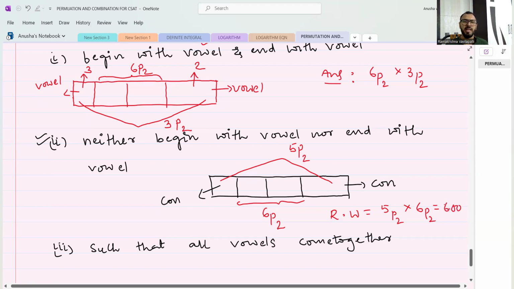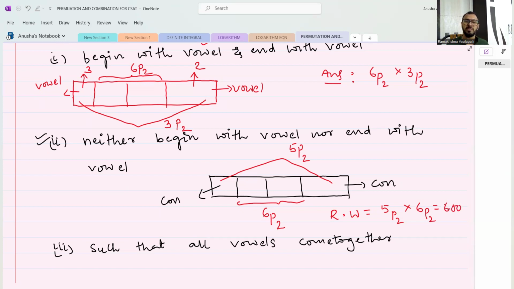Once again, I am explaining that the first letter should not be a vowel and the last letter should not be a vowel, which means that the first and last must be filled by consonants. As we have 5 consonants, the first and last boxes can be filled in 5P2 ways. And the middle two boxes with the remaining 6 letters can be filled in 6P2 ways.